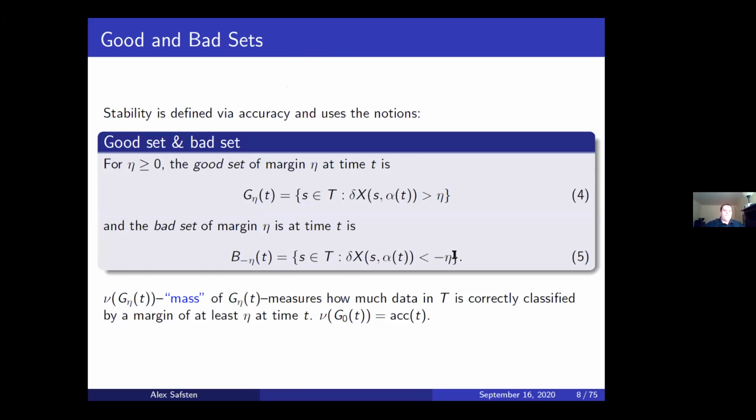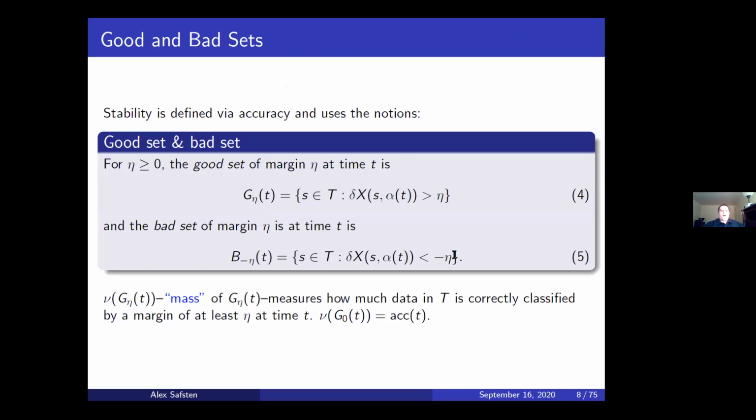The other tool that we have to study stability is good and bad sets. So these are generalizations of accuracy. And we define the good set of margin eta at time t to be those objects that have delta X at time t bigger than eta. So not only are they well classified, but they are well classified by a margin of eta.